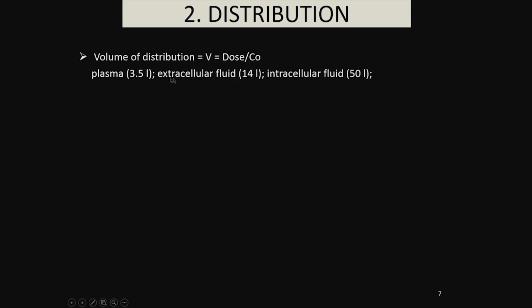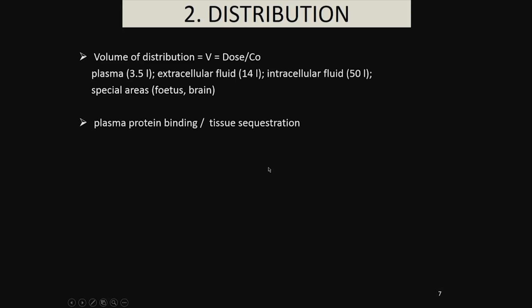Plasma, like I said, is 3.5 liters, extracellular fluid 14 liters, intracellular fluid 50 liters, and even the fetus and brain are special regions where the drug can also get distributed. The drug can bind to plasma protein, or it can bind to tissues, which is called tissue sequestration.